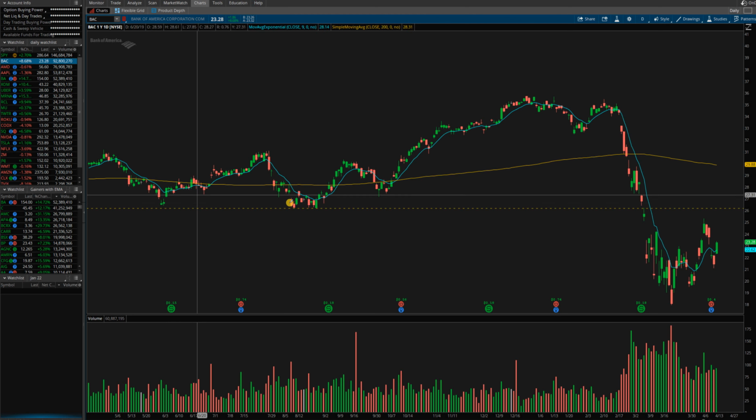It came here once, twice, 3 times, and then it bounced off. If you like to buy bank stocks, you don't have to ask anybody. You can easily tell Bank of America comes down to 26 multiple times, so you can buy anywhere around this area, somewhere close to this support, because this is a good price to buy. And then look, it just kept going up.